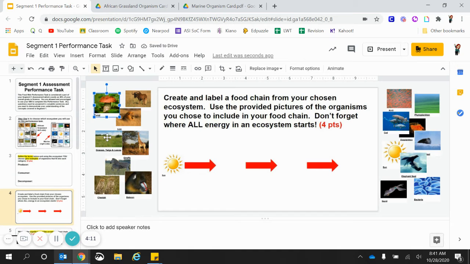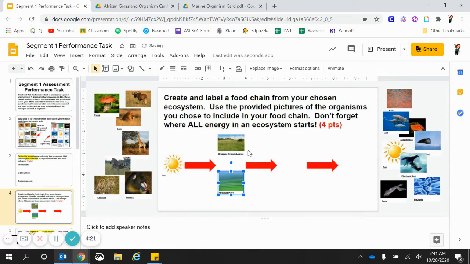The next thing you should have dragged, if you were using the grassland, was the grass. If it was the marine, it should have been the phytoplankton. Now, some of you were putting both, and that lost you points because you weren't following directions. This next part is where a lot of you start to lose even more points, because you put all of the consumers right here.